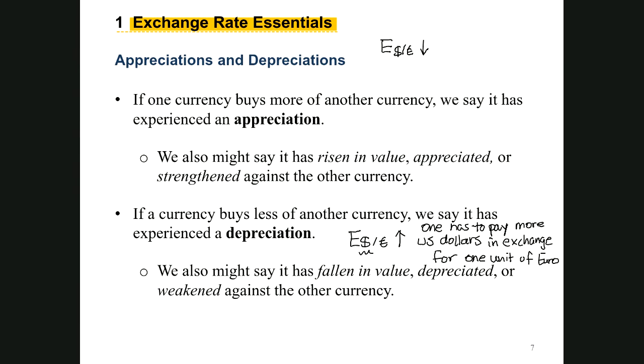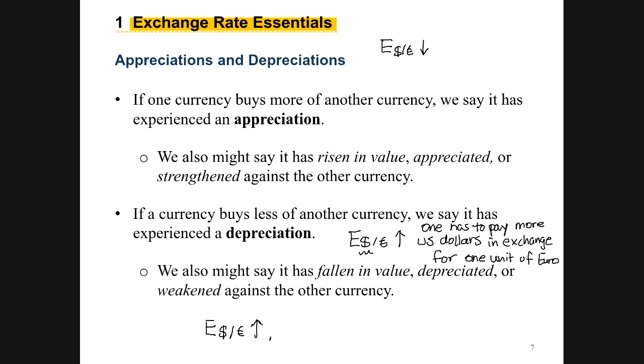So what does it mean? It means the value of the US dollar actually drops, because you need to have more dollars in exchange for the same amount of the foreign currency. So if we use this way to represent the exchange rate between the US dollar and the euro, if this number increases, it means the cost of exchanging 1 unit of the euro has increased.